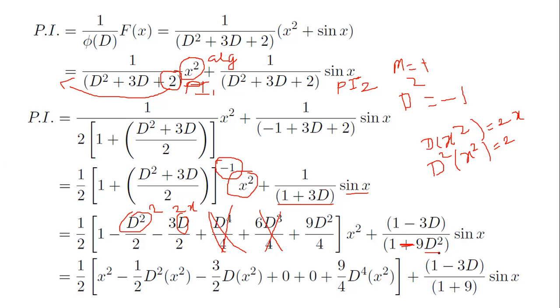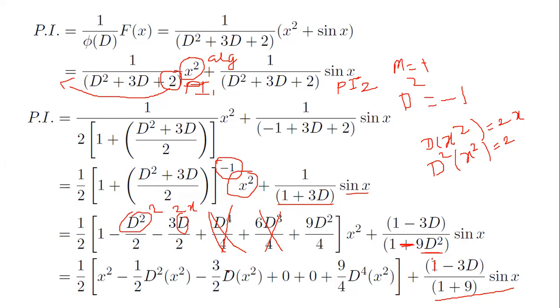Once again you substitute D² = -1, then 1 + 9 is 10. In the numerator, multiply with sin x: 1 into sin x minus 3 into D of sin x. What is D of sin x? Cos x. So (sin x - 3 cos x) by 10 is particular integral 2.